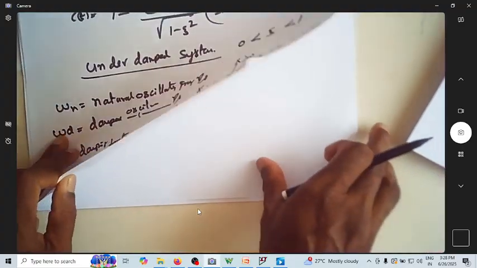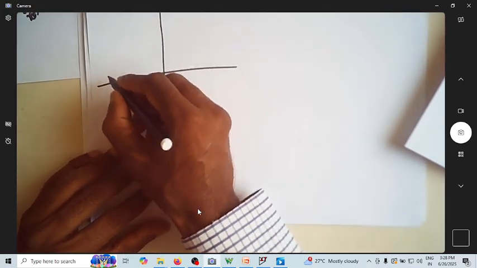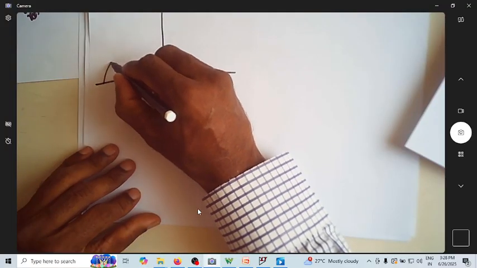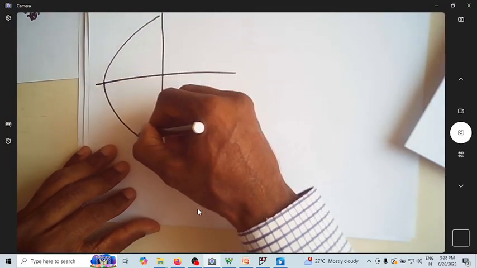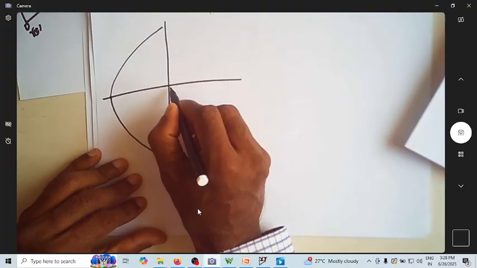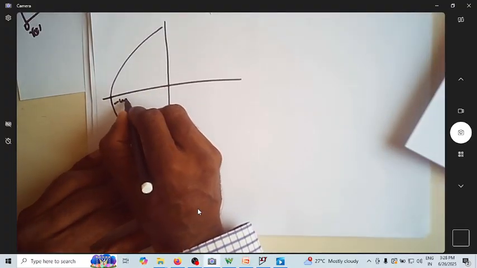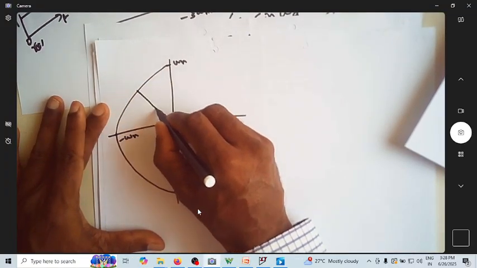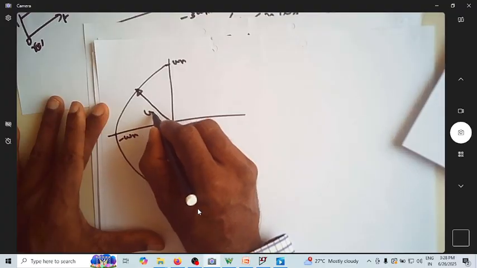That's why, while writing the closed loop pole position of a second order system, we take this as a semicircle. This is minus omega n. That's why the radius of this is always omega n.